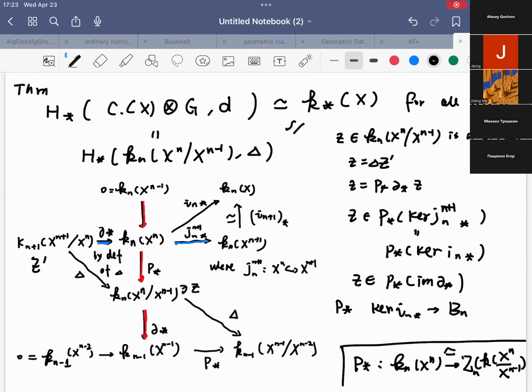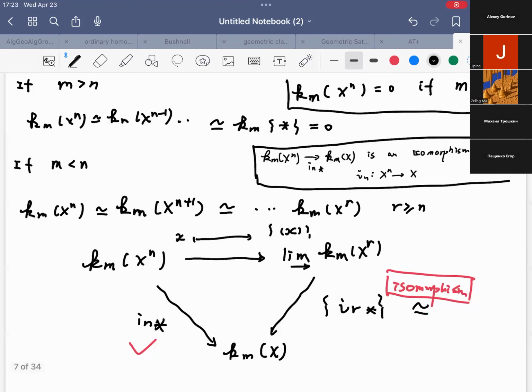We did use the fact that as r goes to infinity, the direct limit of the homology groups is the homology of X, where r is the number of the skeleton.